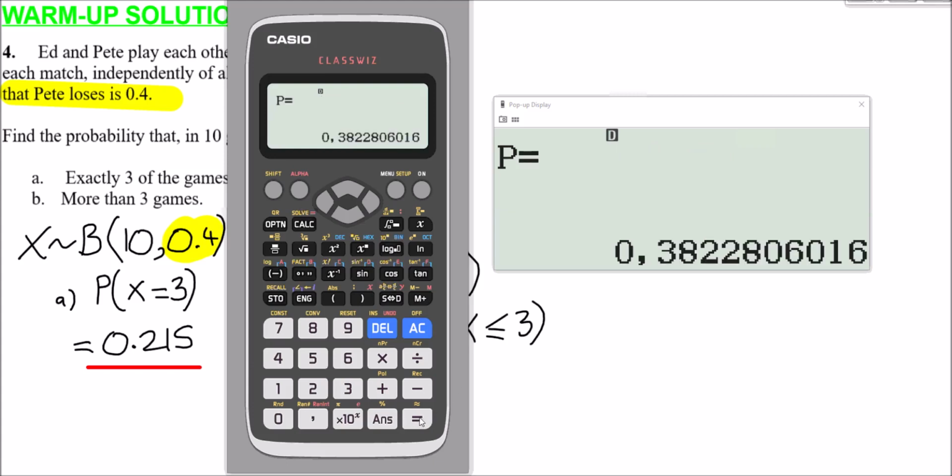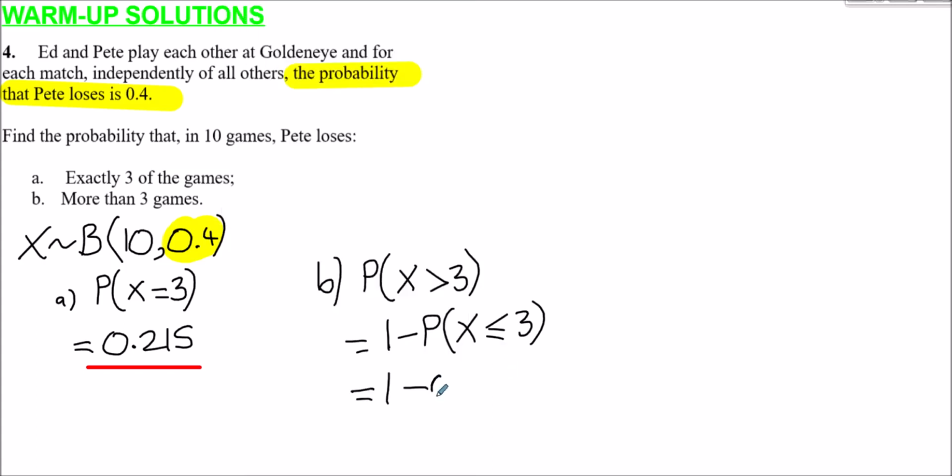Press equals. The chance of him losing 3, 2, 1 or 0 games is 0.382, correct to 3 significant figures. So we do 1 minus 0.382, and that gives us a probability of 0.618. So he's got about a 62% chance that he'll lose more than 3 games.